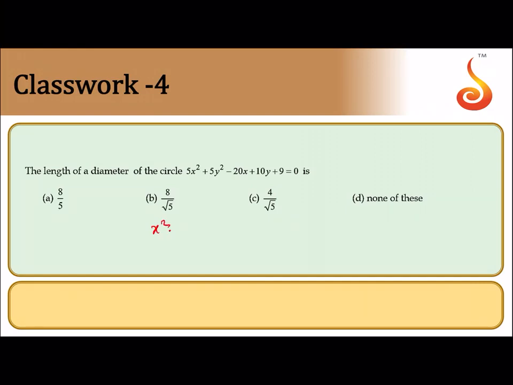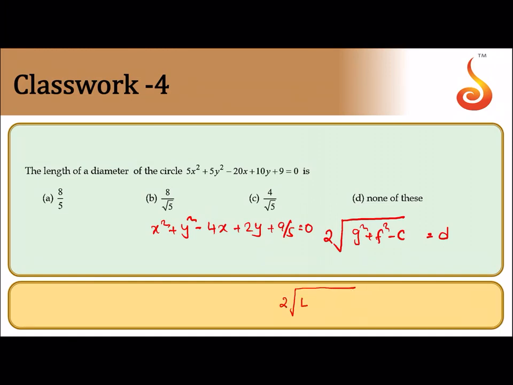Example 4. Length of diameter. Same way, we reduce it to x square plus y square minus 4x plus 2y plus 9 by 5 equal to 0. Apply the formula, 2 times under root of g square plus f square minus c, which will give you the diameter.